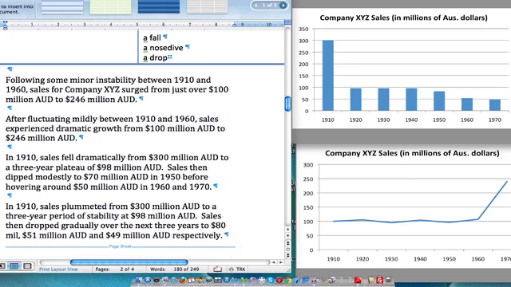So I can just take out the unit. So I have 80, 51, and 49 million Australian dollars respectively. And I just retain the unit on the last figure here. And it makes it read a little bit more fluently.